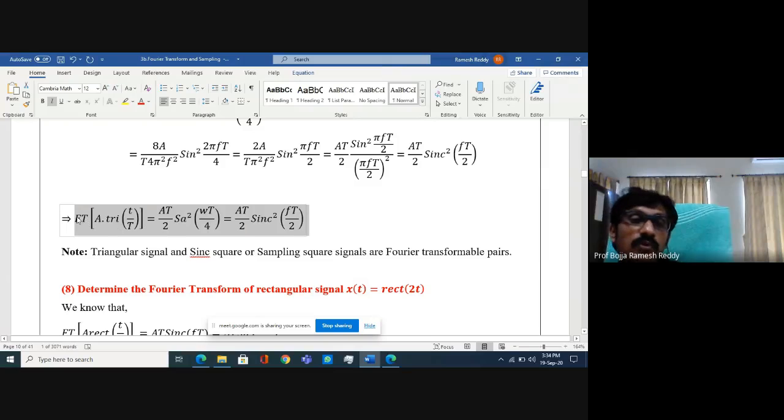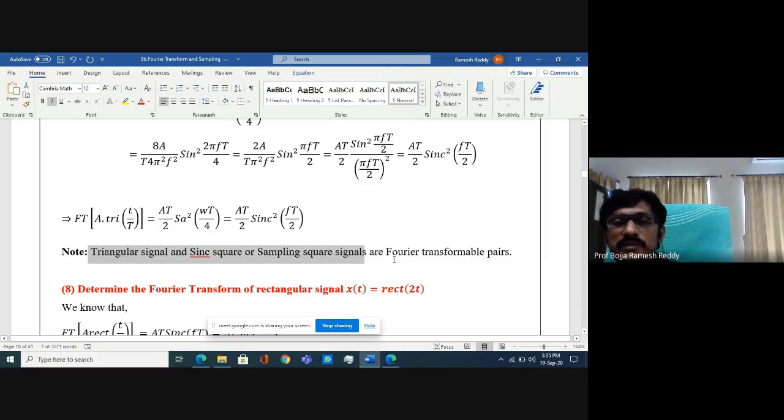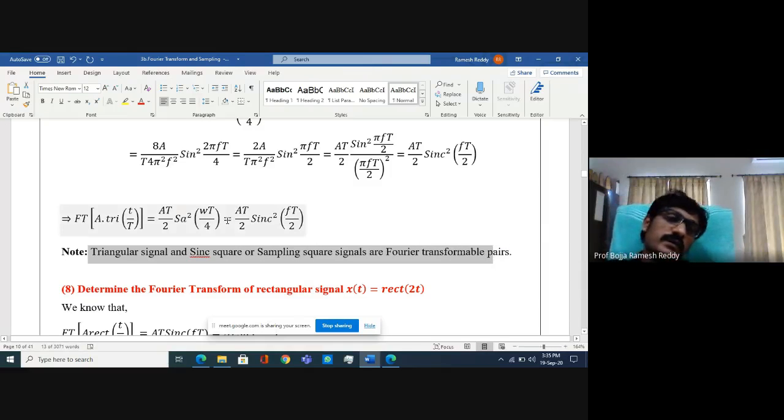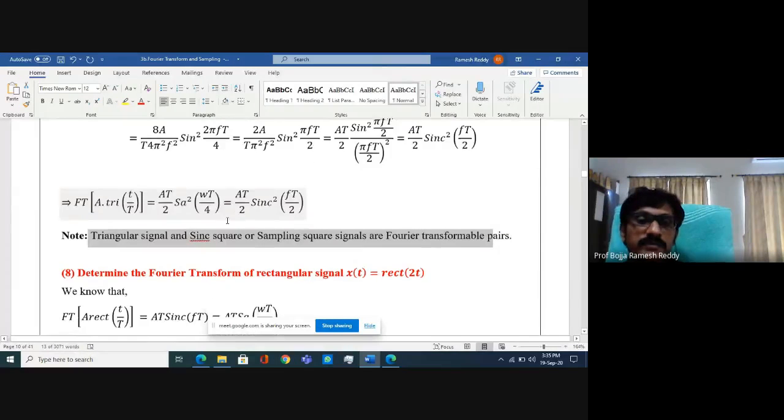We have to know this formula, so wherever it appears in answers, we can choose the correct answer. A triangle(t by T) gives AT by 2 Sa square(omega T by 4). That is the formula. Triangular signal and sinc square or sampling square signals are Fourier transform pairs.